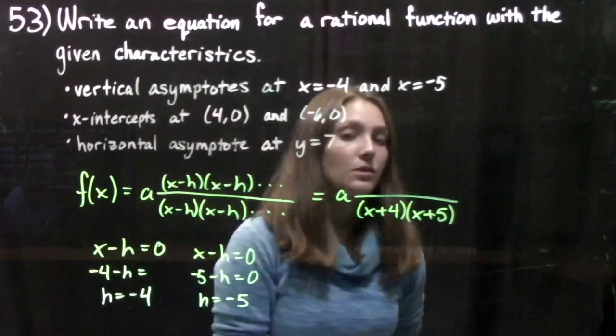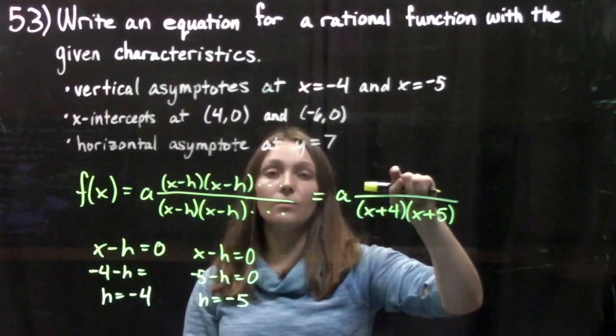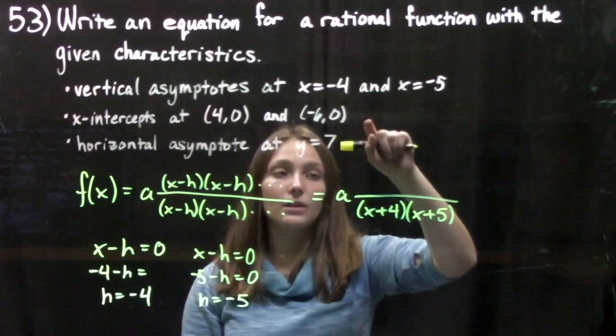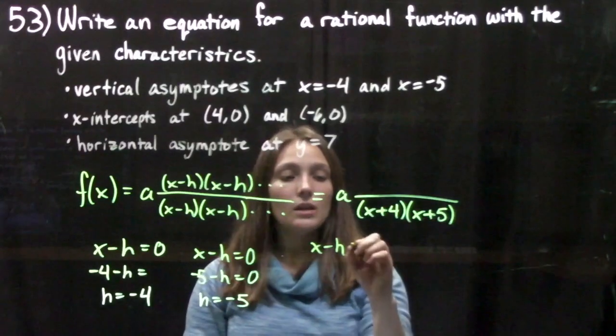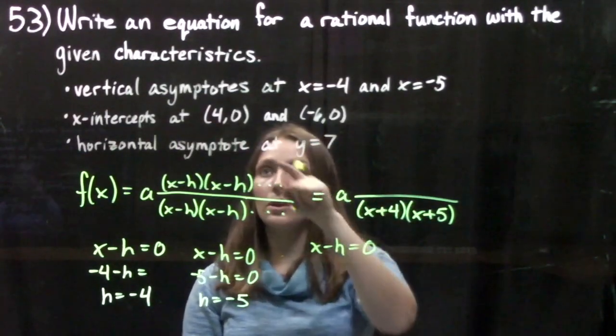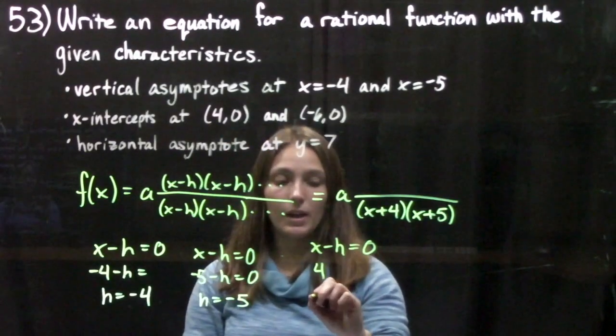So now that we've found the factors in our denominator, let's go ahead and find the factors in our numerator. How do we find those? To find those, we're going to look at the x-intercepts, and we're going to have the same format of x minus h on top, and we want those to equal 0. So we have it at 4, and we have it at -6.